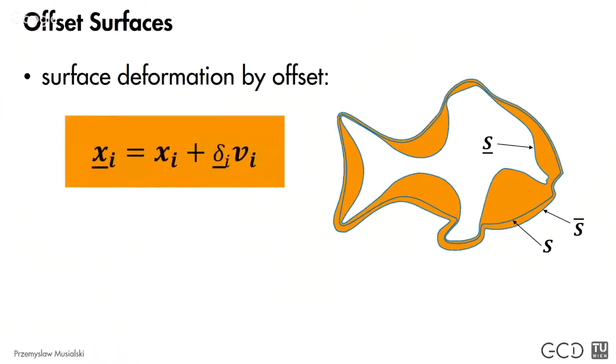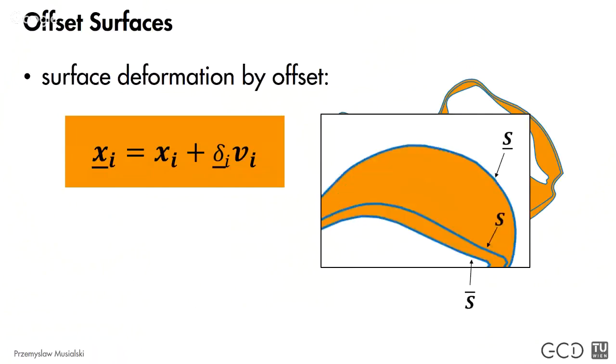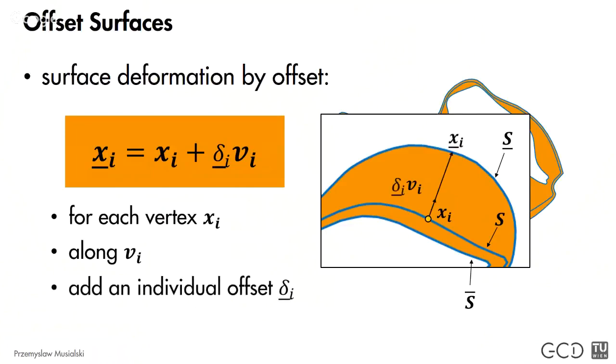And we achieve these two surfaces by performing deformation, by offsetting the input surface. This is basically quite a simple mathematical operation. For each vertex x_i on the original surface, we define a vector v_i and an individual offset delta_i.